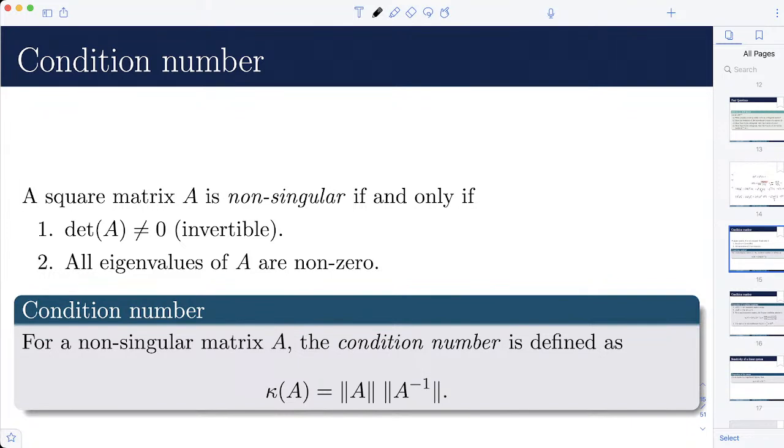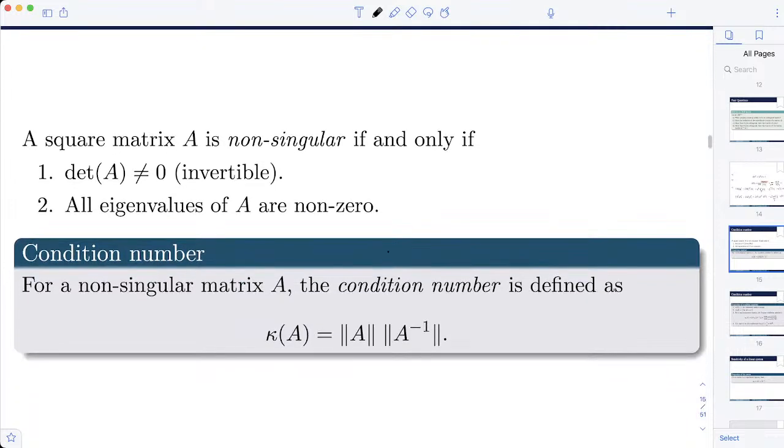If your condition number is larger than 1 on epsilon, which is roughly 10 to the power 16, then your answer's not going to be really accurate, right? And in that case, you're going to want to do a bunch of matrix factorizations to solve your systems in a nicer way.